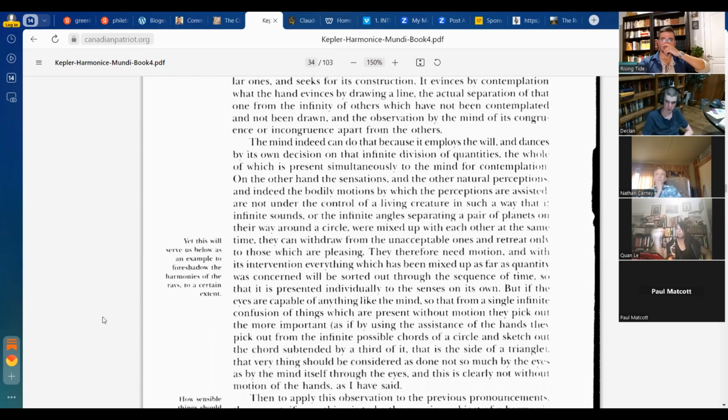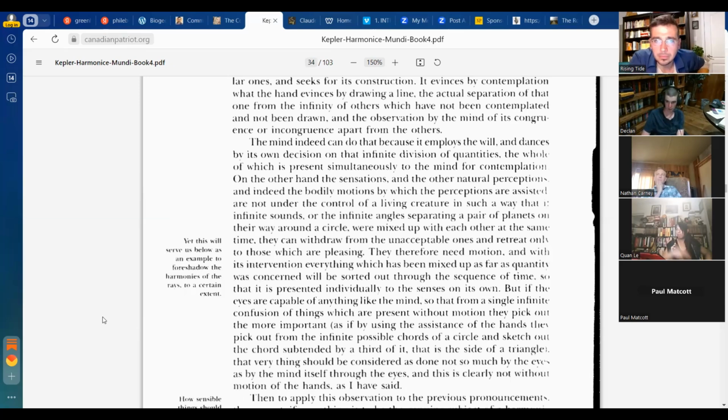The mind, indeed, can do that because it employs the will and dances by its own decision on that infinite division of quantities, the whole of which is present simultaneously to the mind for contemplation.